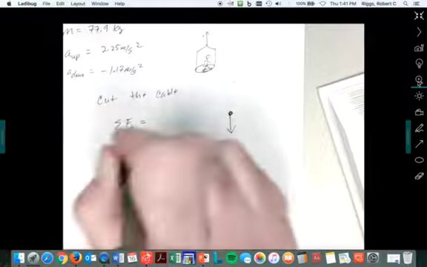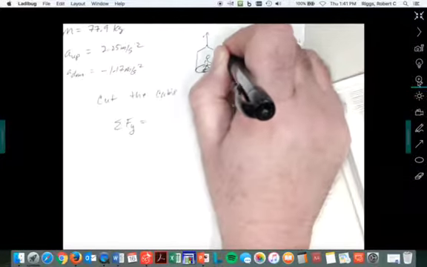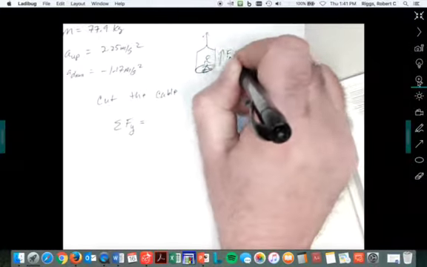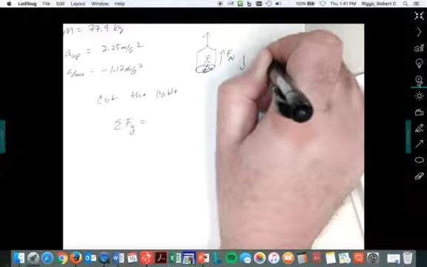So you're standing on this thing. You've got a normal force going up, which is what we want to compute. Your acceleration downward is negative 9.8 meters per second squared.